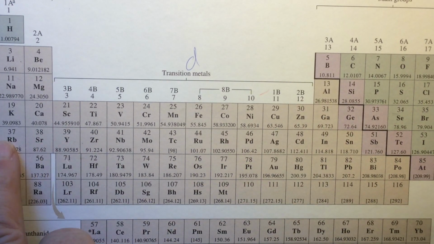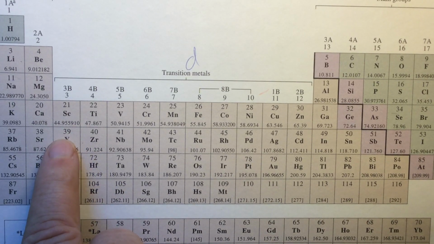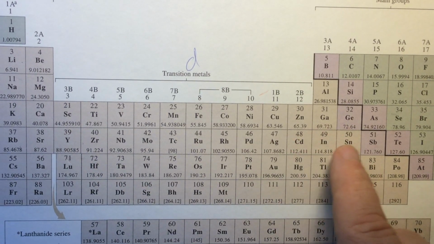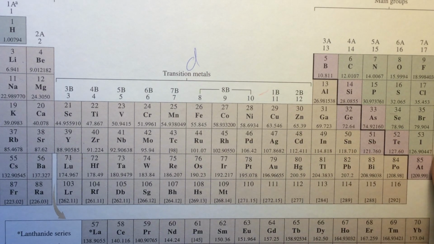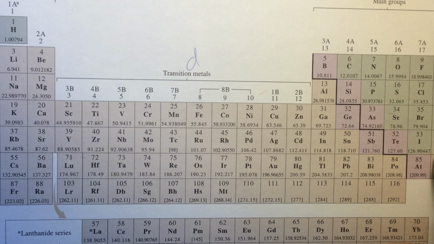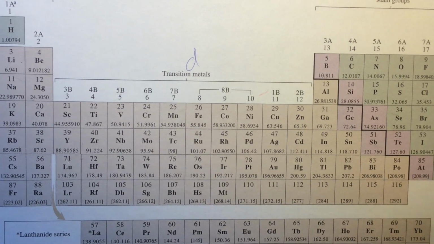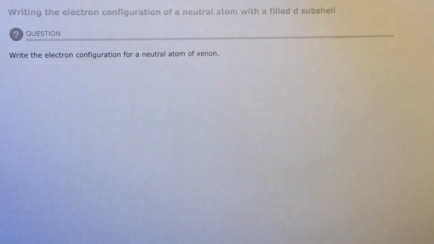Now we're in 5, 5s. Now this is 1 off, so this would be 4d, and then back to 5p. That'll get you to xenon. So 5p6 is xenon, and we want everything up to 5p6.